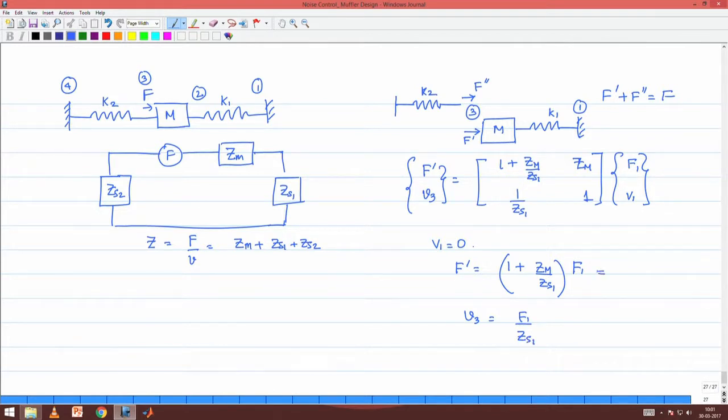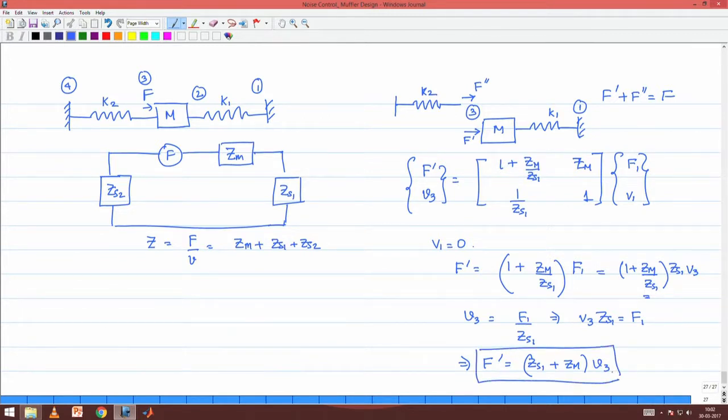If we make this substitution, we get V3 Zs1 equals F1, and putting this back over here we get F prime as 1 plus Zm by Zs1 into Zs1 times V3, which effectively means F prime is Zs1 plus Zm into V3. Okay. This is what we have for the left half of the system.